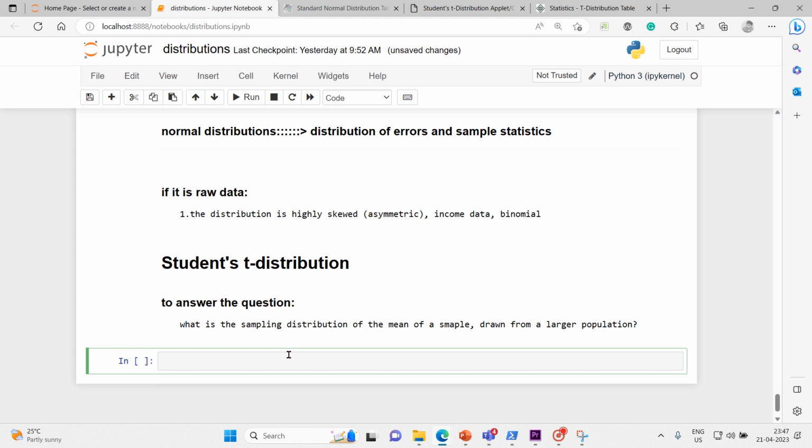Gosset plotted the standardized results, the z-score, on the x-axis and the frequency on the y-axis. He derived a function known as Student's t, and fit this function over the sample results, plotting the comparison.